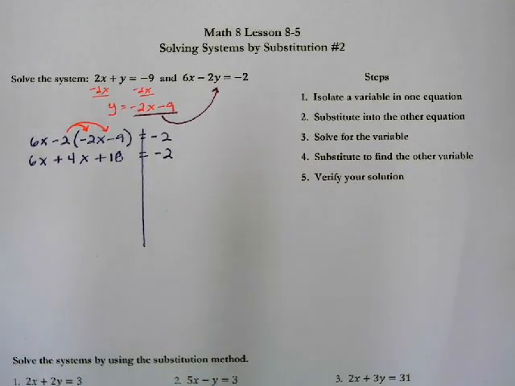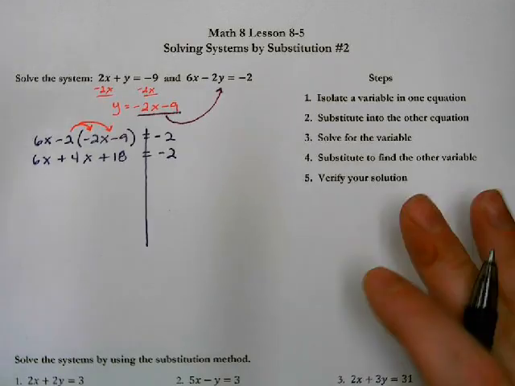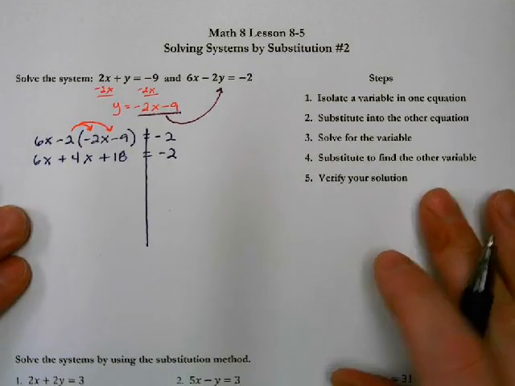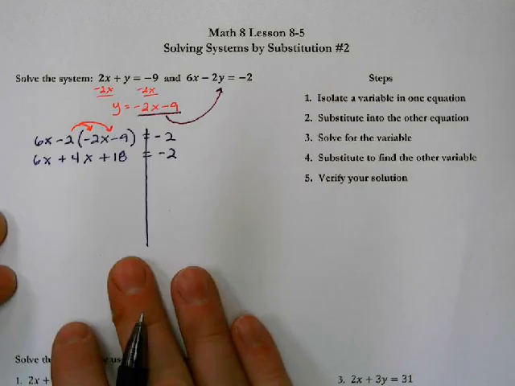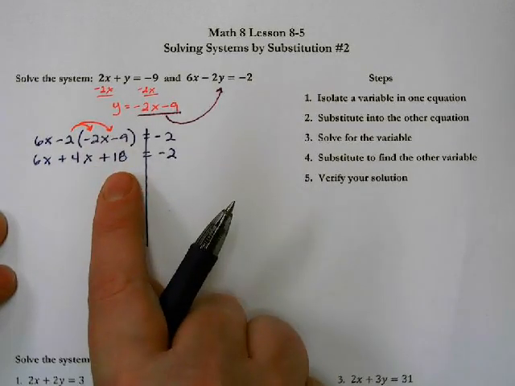Okay, I can't stress this enough. If you are solving systems, because there's multiple things you have to do, it's very easy to make one small error that messes up everything. So when you are solving a system, make sure you're writing neatly and make sure that you're double checking every single step that you do.